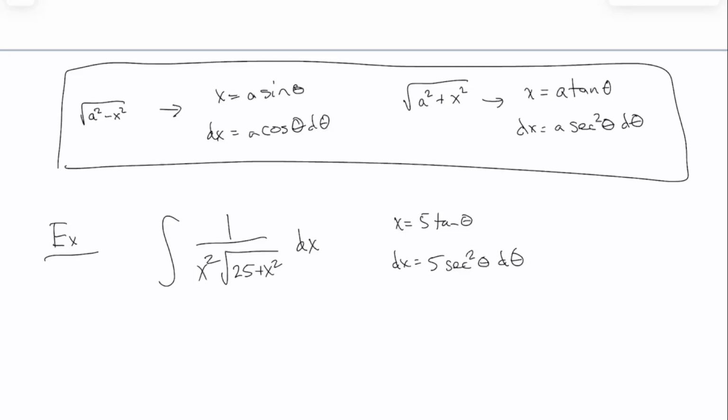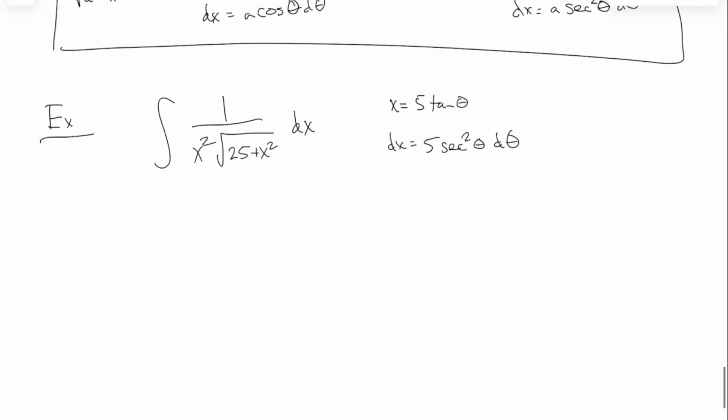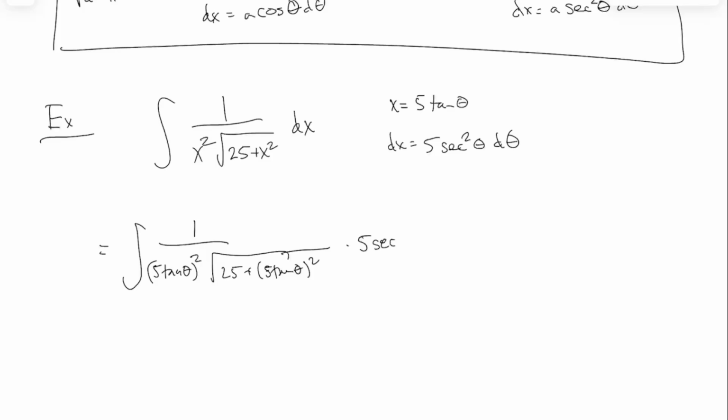All right, let's go over there and plug everything in as best as we can. x squared down there is going to be 5 tan theta squared, and then square root of 25 plus 5 tan theta squared. And then dx is 5 secant squared theta d theta.